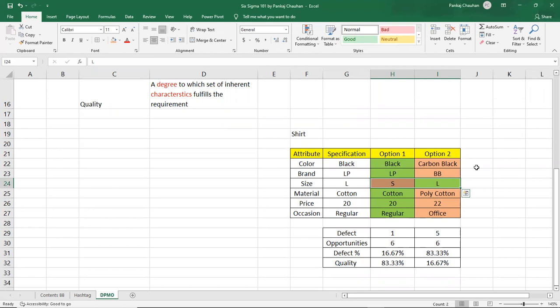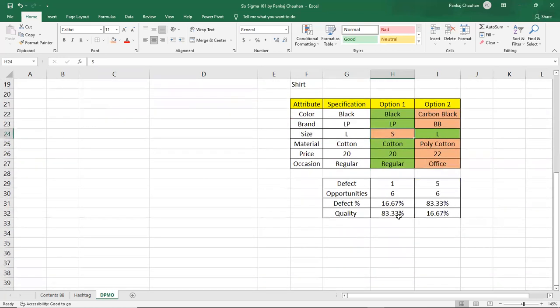So one product may have multiple defects, like option number 2, but still it is not defective. Even the 16% quality product is not defective, though your option number 1 is defective because it has one defect in a critical parameter. If size doesn't fit me, I won't be able to use it.